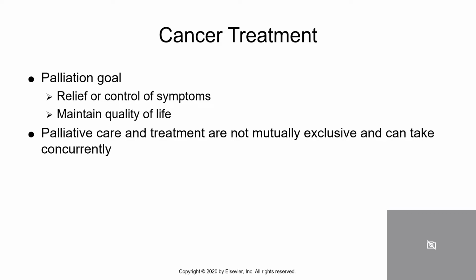So examples of treatment in which palliation is the primary goal would be like radiation therapy or chemotherapy focused on reducing tumor sizes to relieve other symptoms related to that, such as the pain of bone metastasis, for instance.